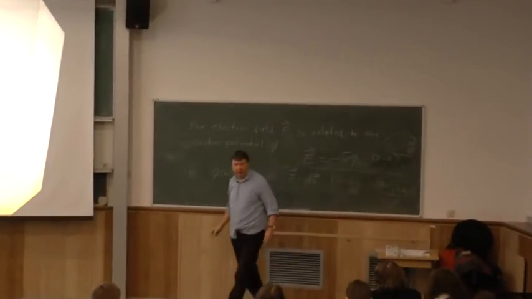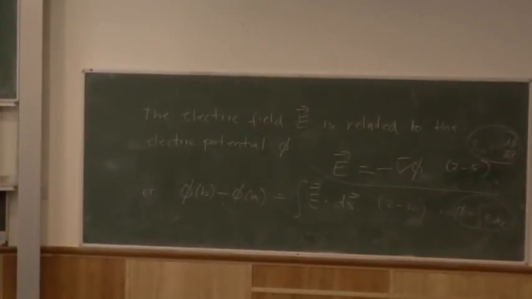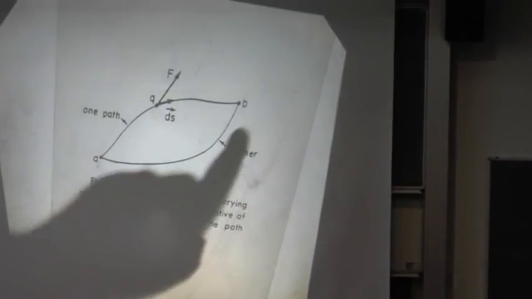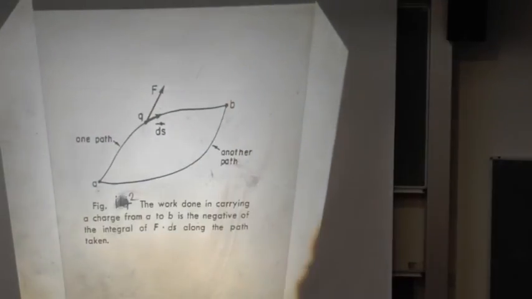But of course, if we're in 3D, we have to perform the line integral, and this is precisely what is illustrated. And the point is, it's totally path independent. It doesn't matter how I go from A to B, as illustrated in figure 3.